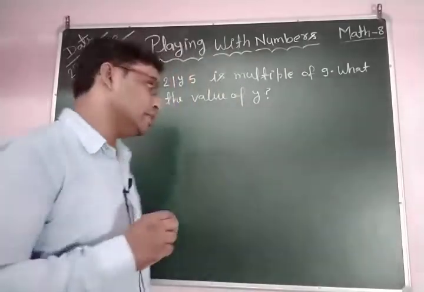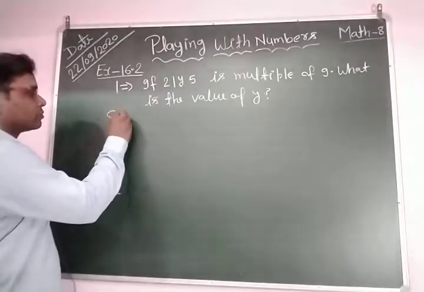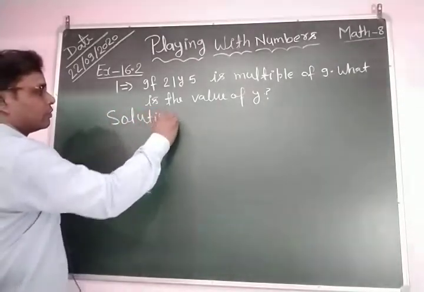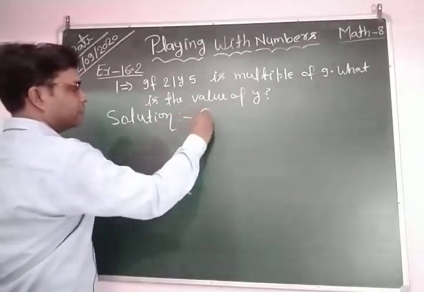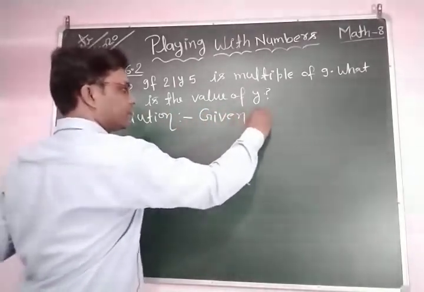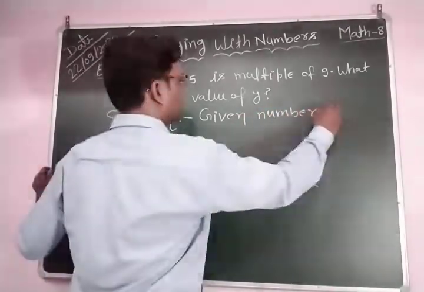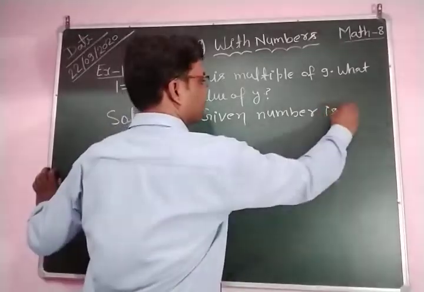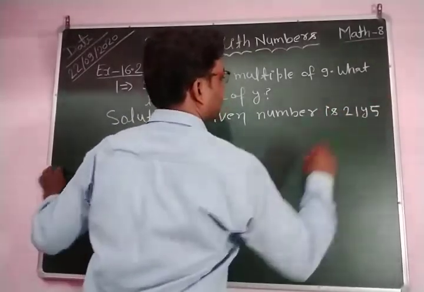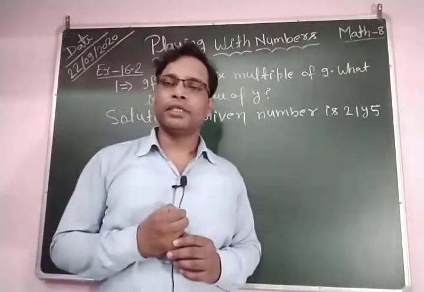First we write the given number. Given number is 21y5. This is a multiple of 9. This is also given.